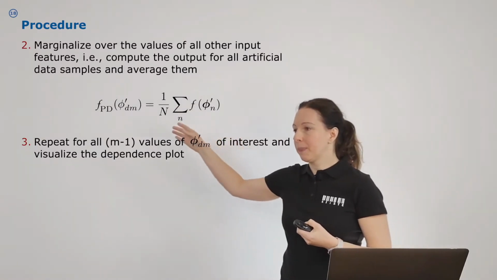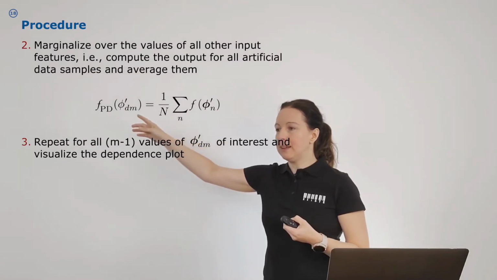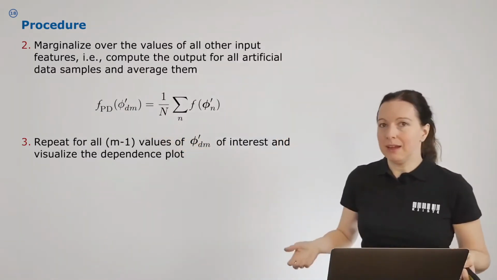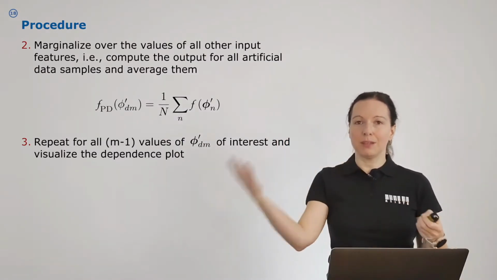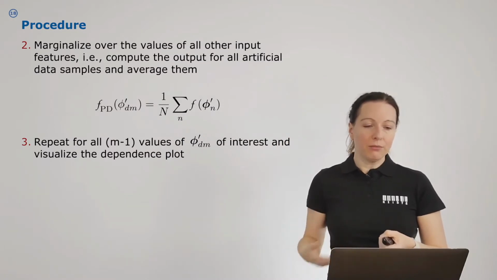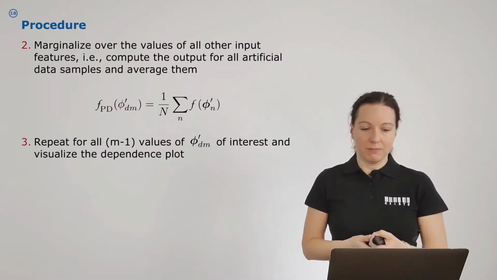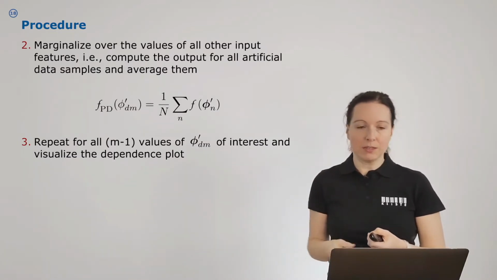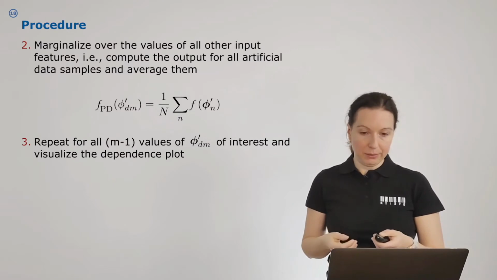And n is the number of all samples. And then you compute what the output is now with these artificial data samples, that means with the changed feature. And you repeat this for all m values of this feature in dimension d of interest, and you visualize the dependence plot.